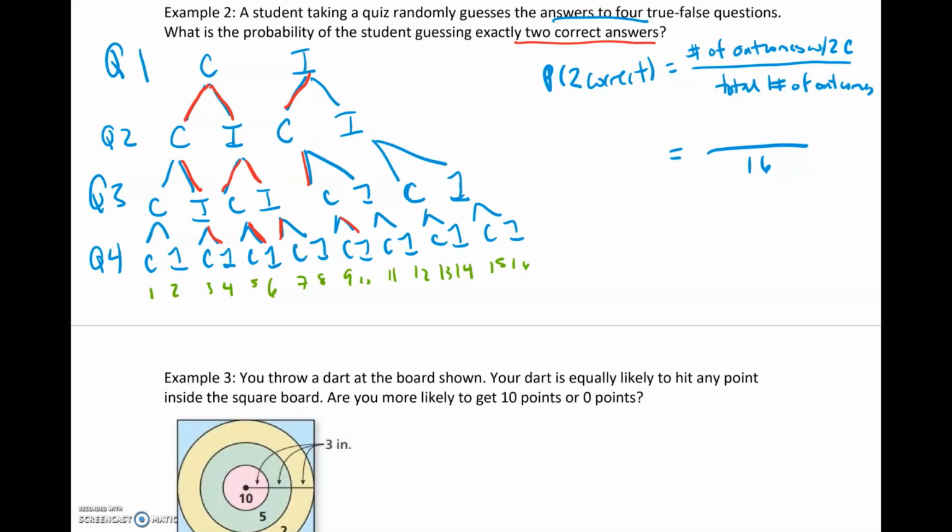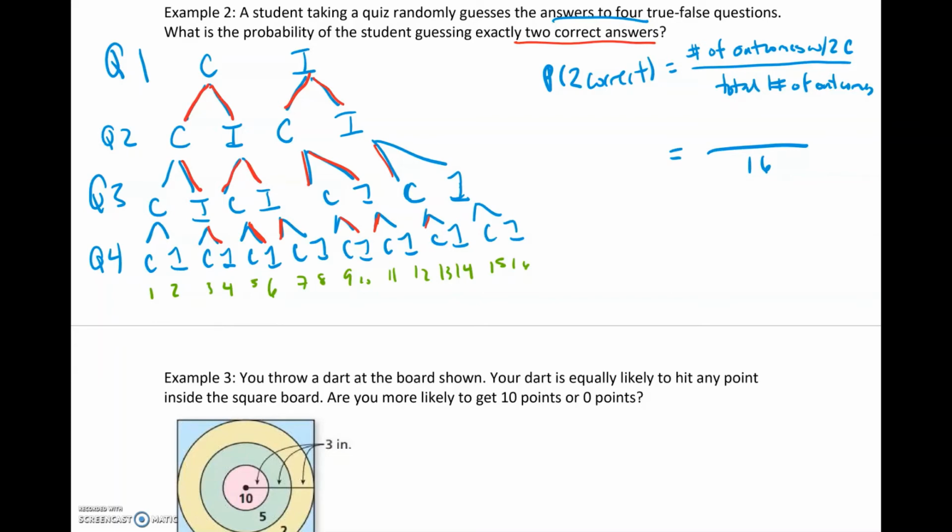I can go I, C, I, C, that's still 2 C's. I can't go I, C, I, I, that's not going to work. And the rest of these all have too many incorrects, so that's not going to work.